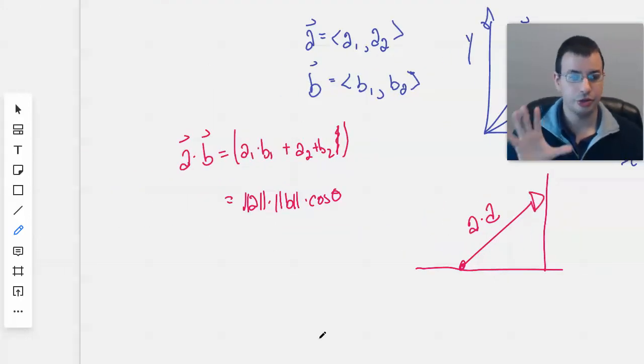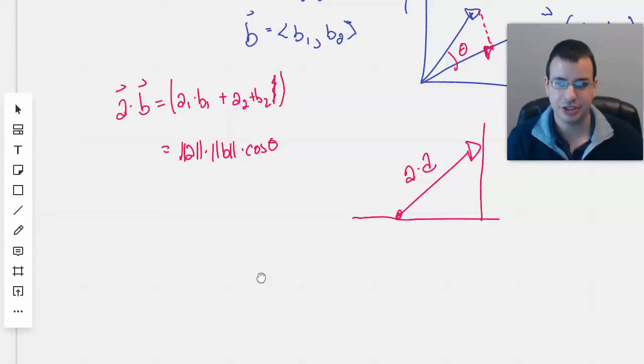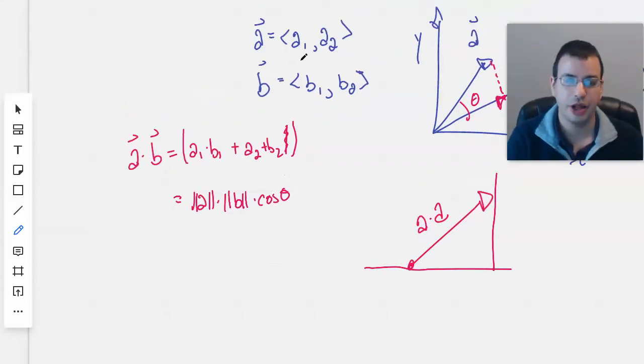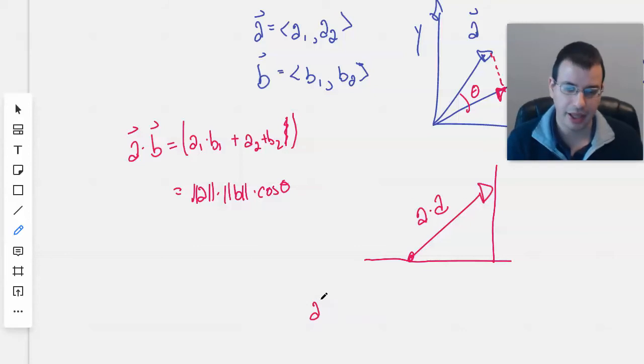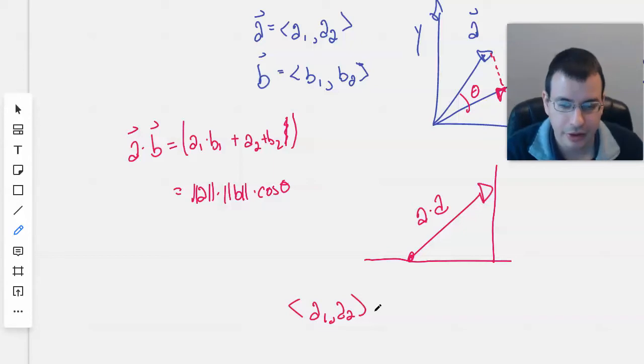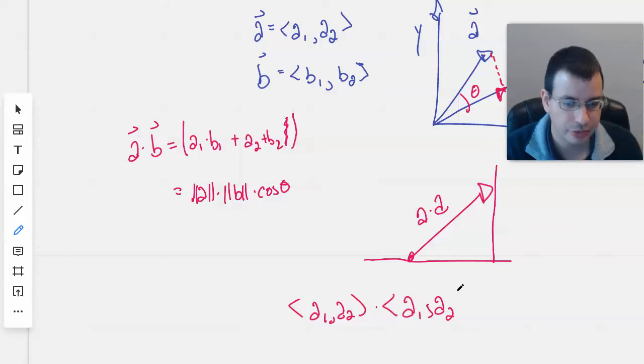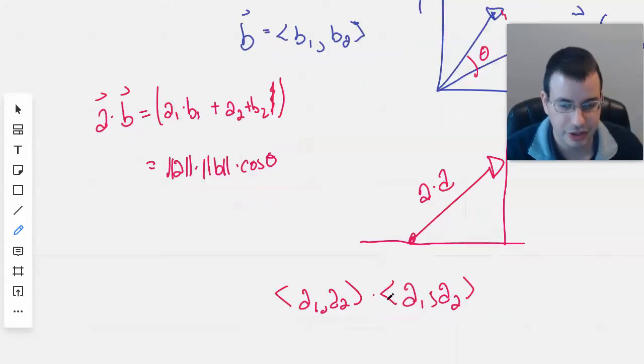So if we do this in math terms, we're going to stick with our A1, A2 here. We do [A1, A2] dot [A1, A2], with the little brackets to show that they're vectors.